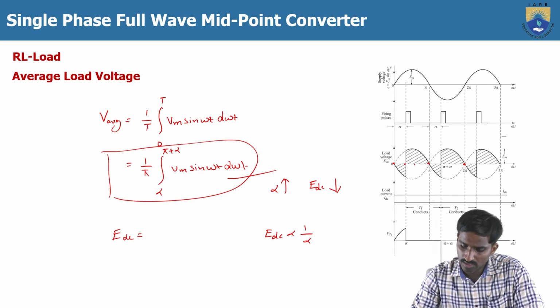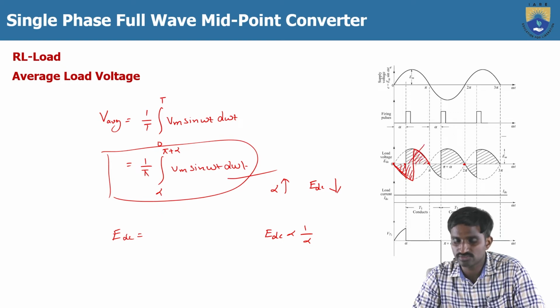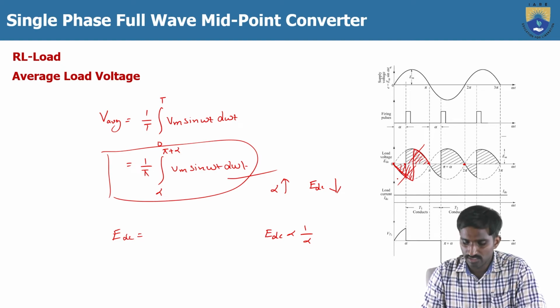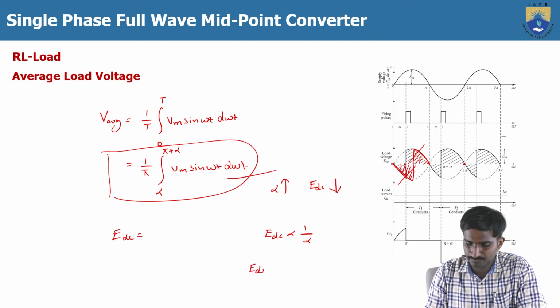Because if you are increasing the alpha value, this negative portion will increase, so that the total average value will decrease. So when alpha is equal to 90, whatever the negative cycle is there, the same amount you will get the positive cycle also. So the positive cycle and negative cycle will get cancelled, then you will get EDC equal to 0.